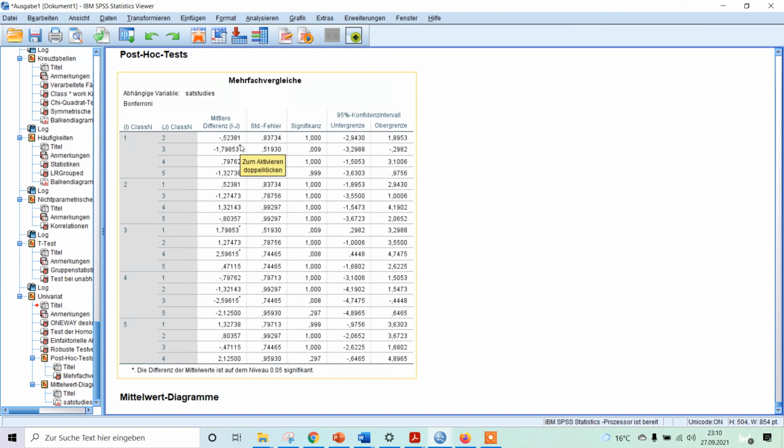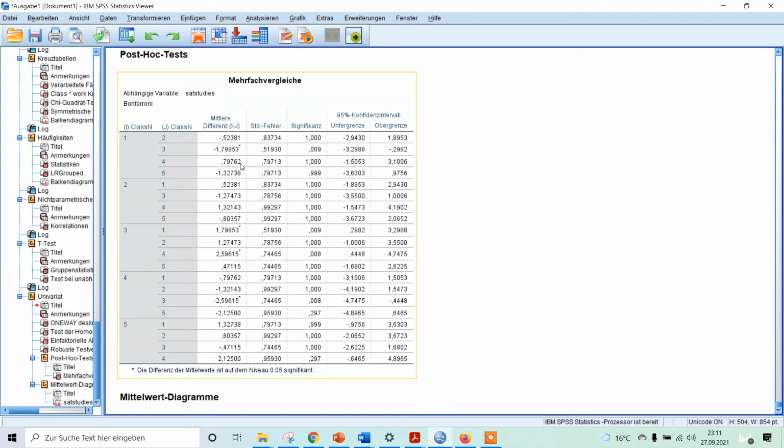So here we have the first class, which was social work 1, and the difference to the second class is minus 0.52, and that is not significant. But the difference to the third class, psychology 1, is minus 1.79, and that difference is significant. So the psychologists are significantly happier with their studies than the social workers, number 1.